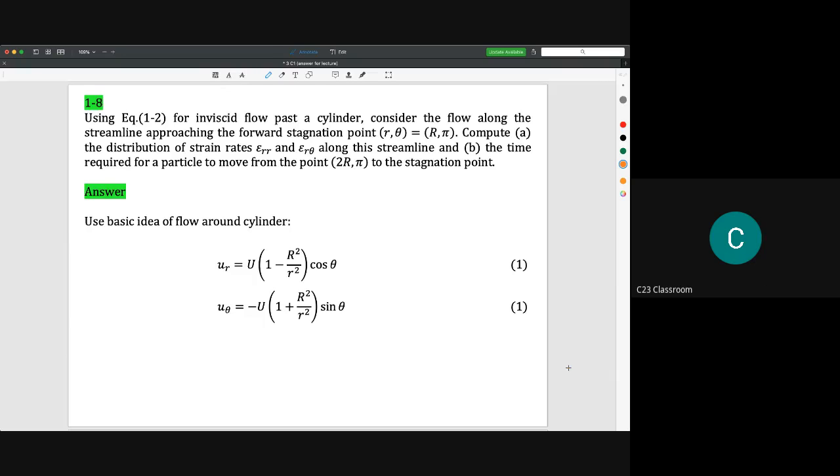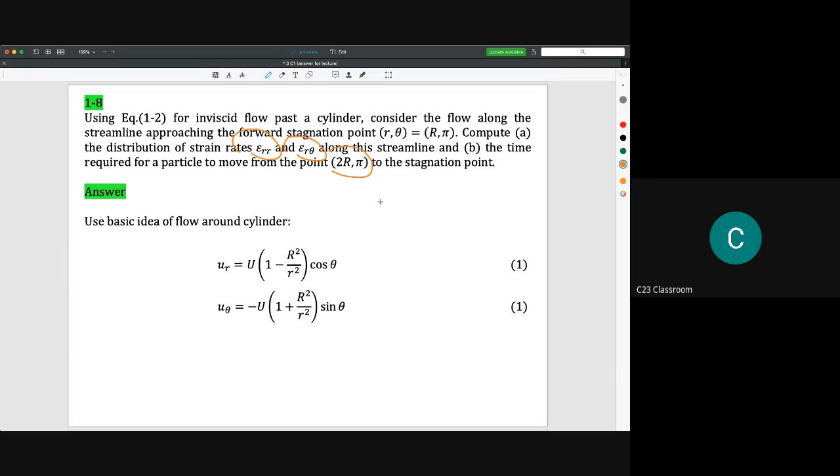Okay. So this is just a question from the textbook. Question 1.8 here: we need to calculate the strain rates for epsilon RR and epsilon R theta here. And then we need to calculate the time required for a particle to move from the point (2R, pi) to the stagnation point.